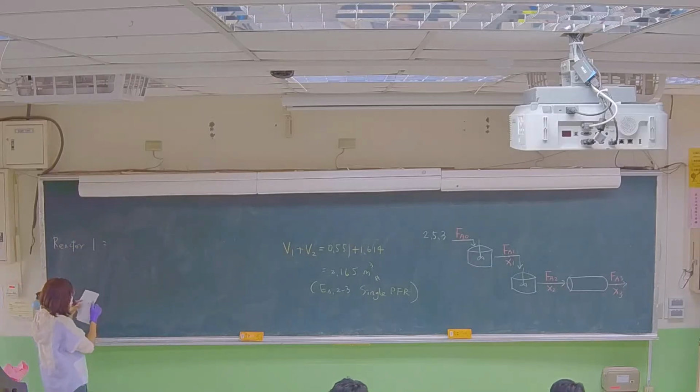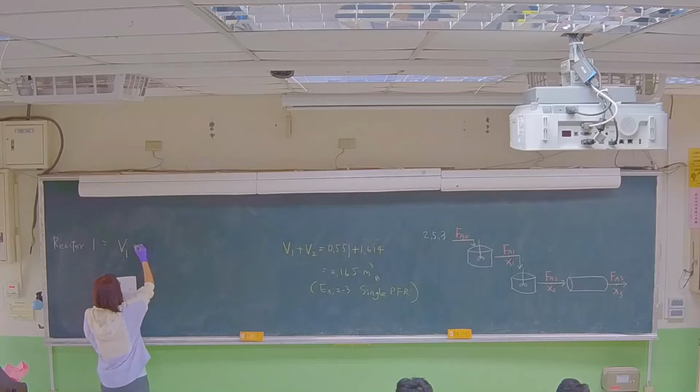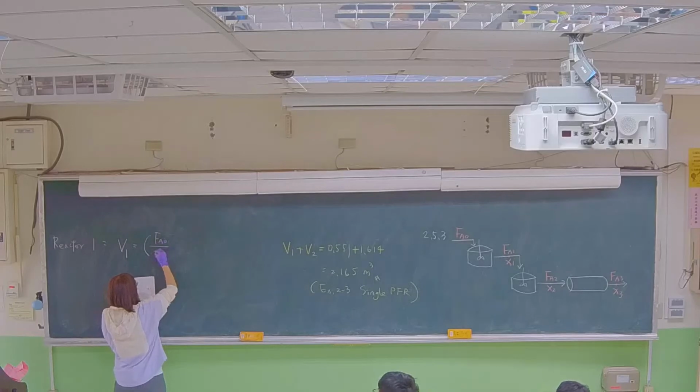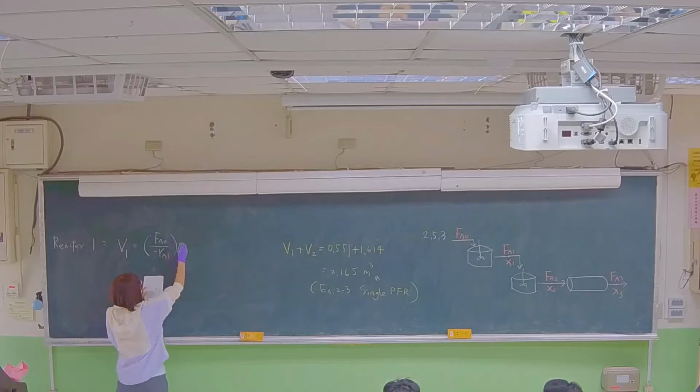So for reactor 1, CSTR, the volume is V1. It is equal to FA0 over the reaction rate, which may be different, so RA1, times X1.